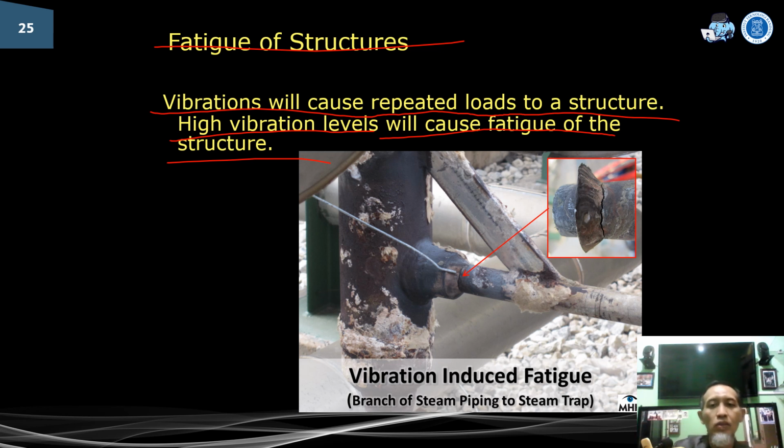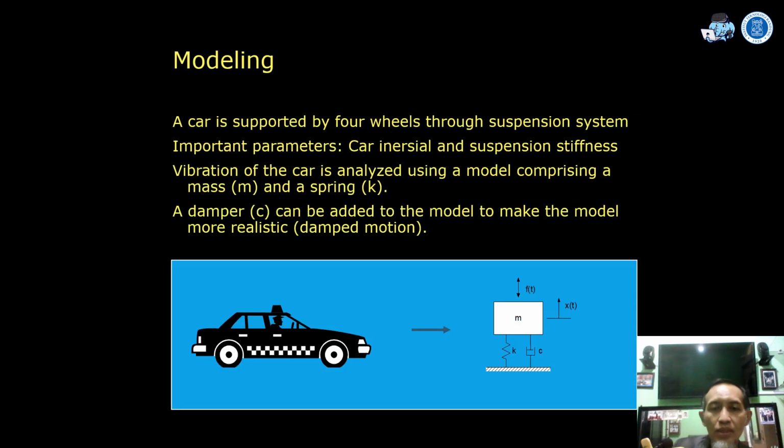So vibration will contribute to fatigue. Yes, vibration induces fatigue. This is a branch of steam piping to a steam trap. This is fatigue due to vibration. Okay, modeling. What is modeling?